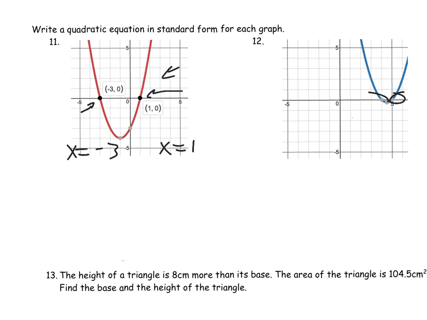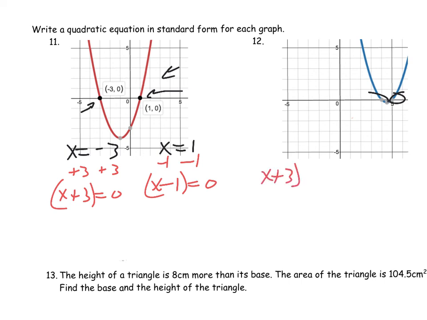Get them equal to 0, in other words. So I'm going to add 3 to both sides. So x plus 3 equals 0. There's my first factor. Subtract 1. X minus 1 equals 0. There it is. And just take your two factors, x plus 3 and x minus 1, and then multiply them.